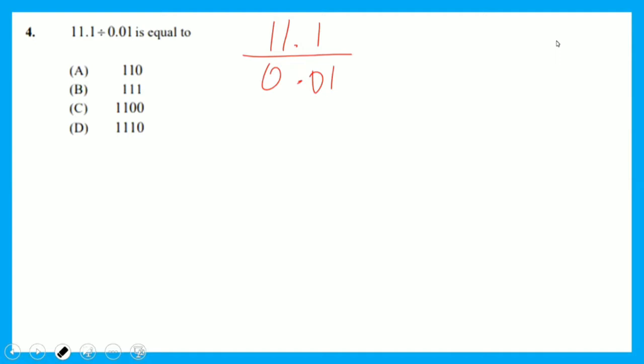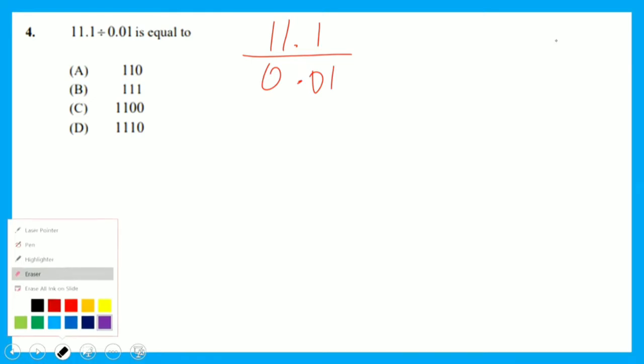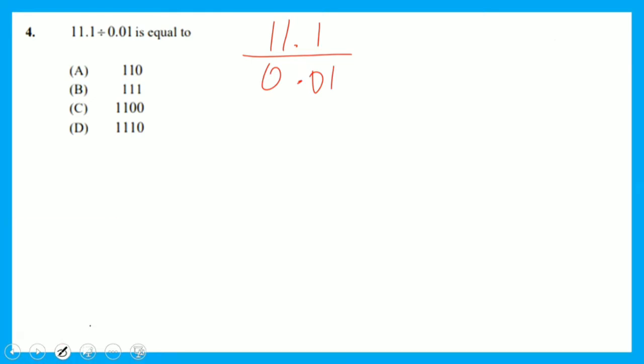All right, so our first question says 11.1 divided by 0.01 is equal to, and of course I have rewritten that without that division sign, but with the fraction bar. In dividing decimals, the first thing you want to ensure is that your denominator is not a decimal number.